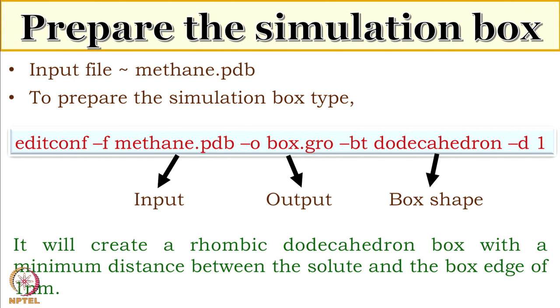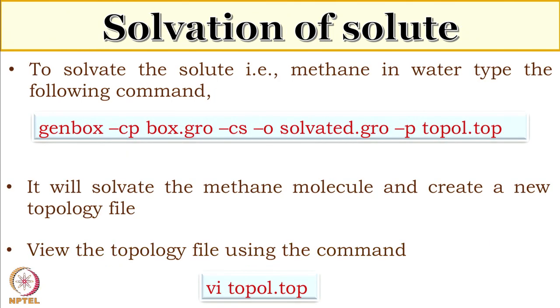So after we have prepared the simulation box, now what we have to do? We have to solvate the solute molecule. To solvate the solute molecule, we will use the command genbox, as we have used in case of S-peptide. So we will type genbox -cp box.gro -cs -o solvated.gro -p topol.top.